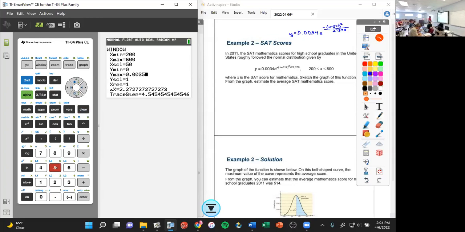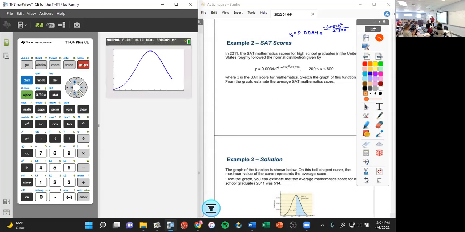I don't want to count by ones. I guess I'll count by 0.0005. That looks good. What's the graph look like? Oh, like this. Okay. Does that look like a bell?